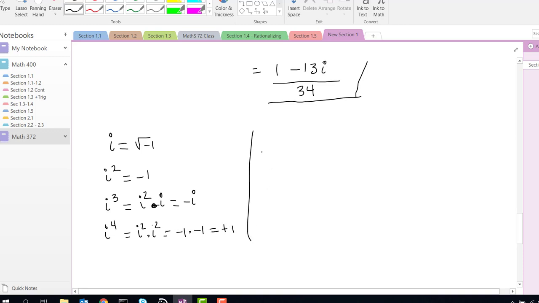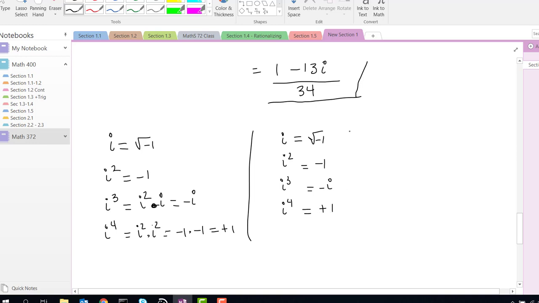So the four things to remember are that i is equal to the square root of -1, i squared is -1, i cubed gives you -i, and i to the fourth gives you +1.